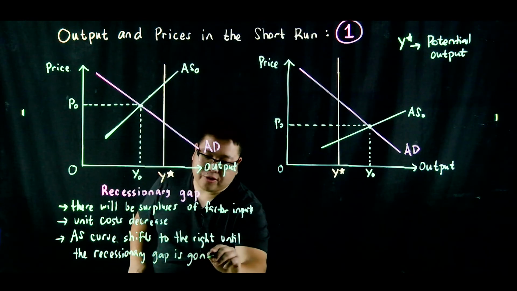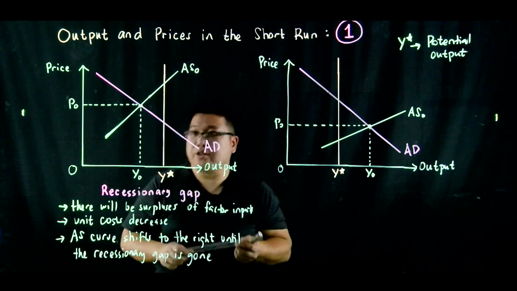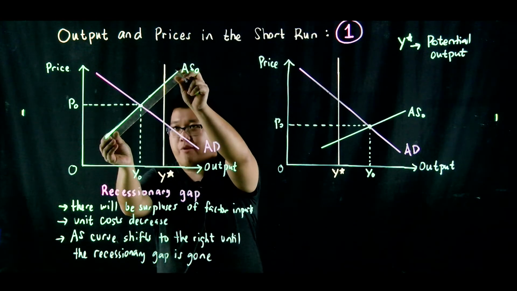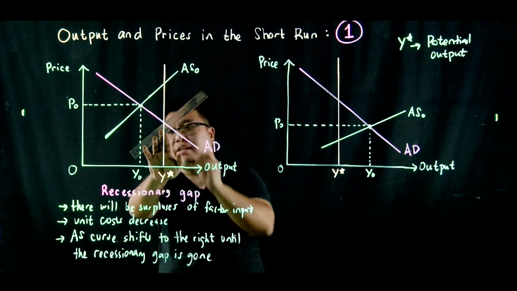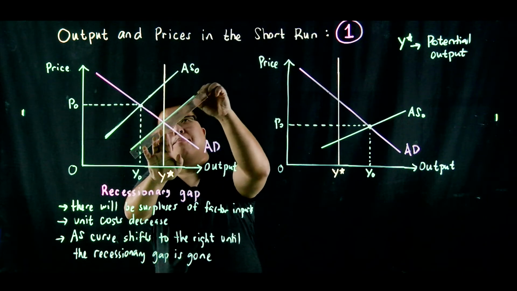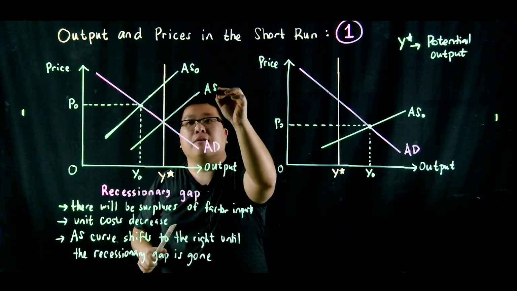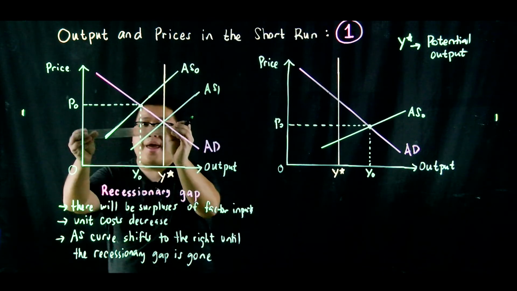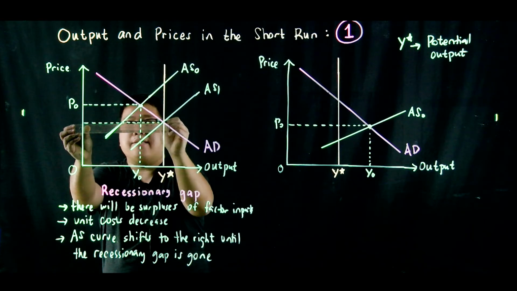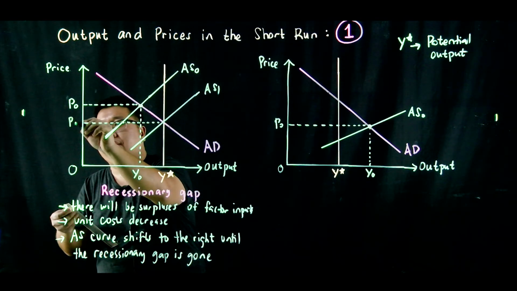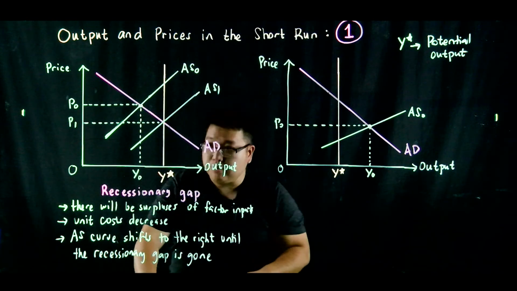So in other words, by way of a graph, it will look like the following. Our AS curve is right here, and then it will shift to the right until the recessionary gap is gone. So I call this AS1. And the result, too, is that the overall price level in the economy ends up being lower. So I call that P1. And our economy goes back to Y star.